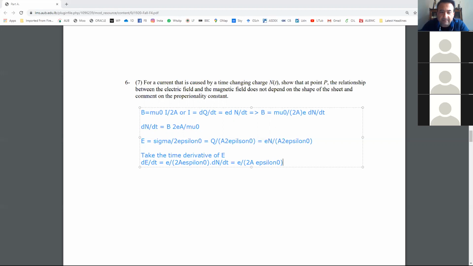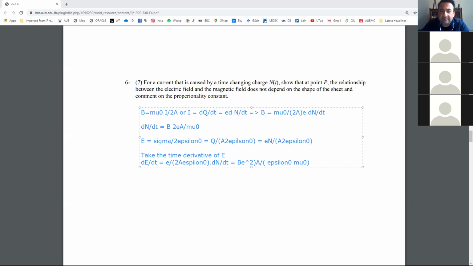So I need to multiply by B, multiplied by e, so I have e squared, multiplied by the area A, divided by epsilon 0, and divided by mu 0. Now, do I have a 2 somewhere? I have a 2, yes.